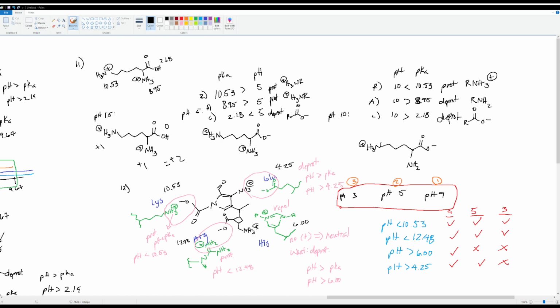So it's not dominant protonation, it's dominant protonation state. And like I said, what that means is that whichever one, either the deprotonated or the protonated form, is more abundant in solution, that is the dominant one.